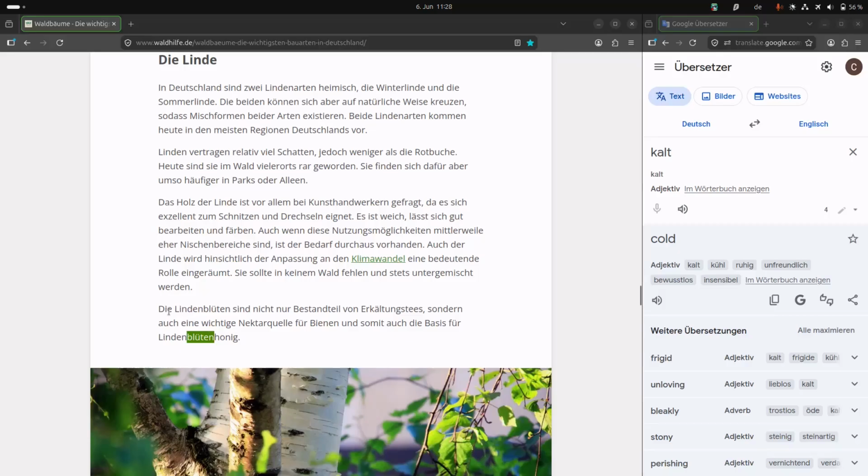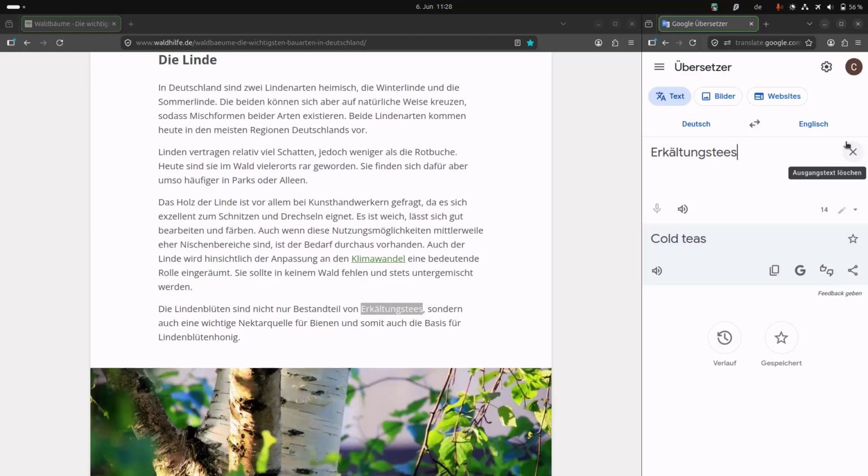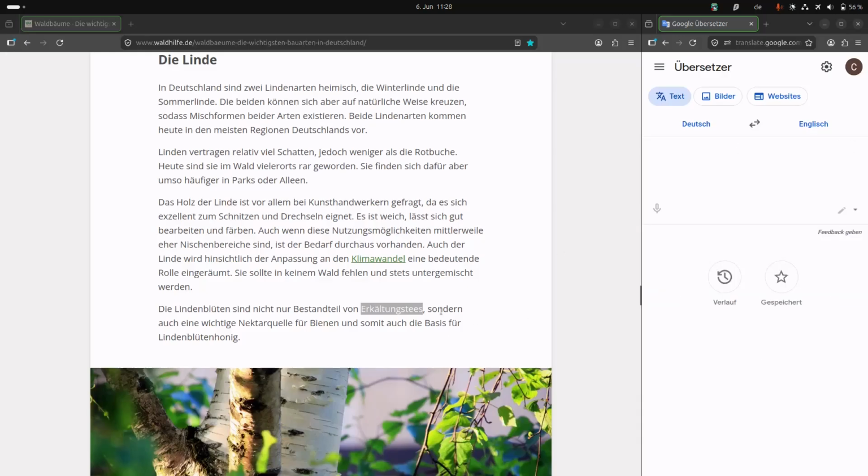So, the linden blossoms are not only a part of colds or teas against colds, I don't know, what's it again? Cold teas, interesting. Because cold teas, of course, has a different meaning too. But also an important nectar source for bees, and therefore also the base for linden tree blossom honey.